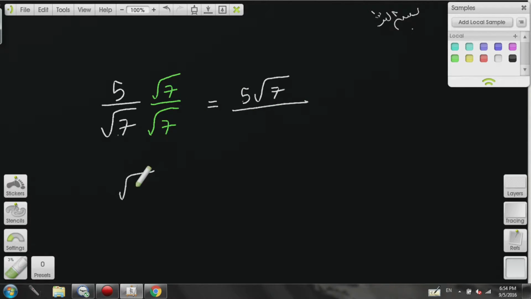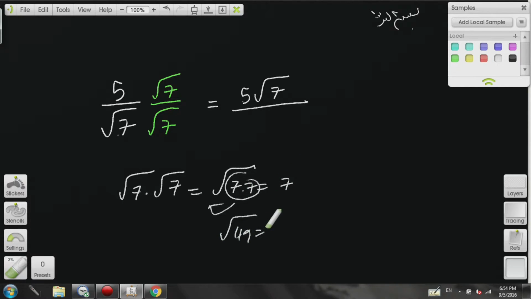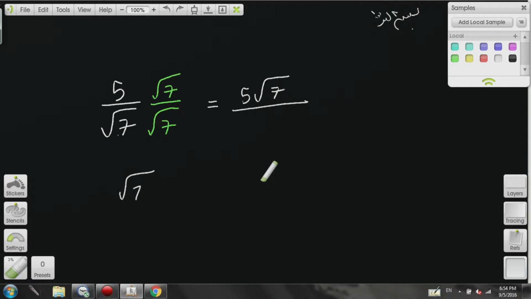Now look at the square root of 7 times the square root of 7. That is the square root of 7 times 7. These two come out as 1, that is 7, or you can say the square root of 49, which is 7. So anytime you have two of them, it can come out like that. This is something you have to know: the square root of 7 times the square root of 7 is just 7.